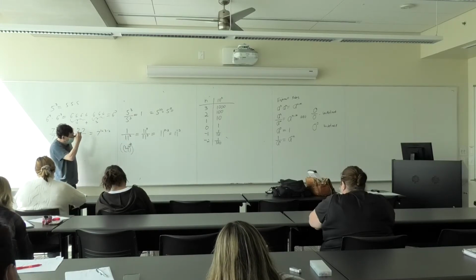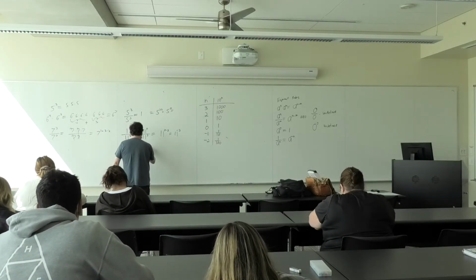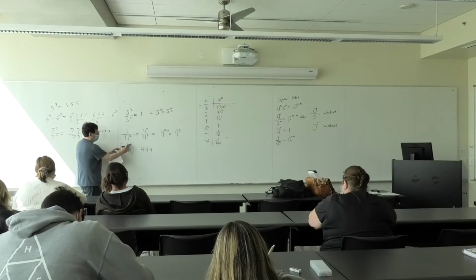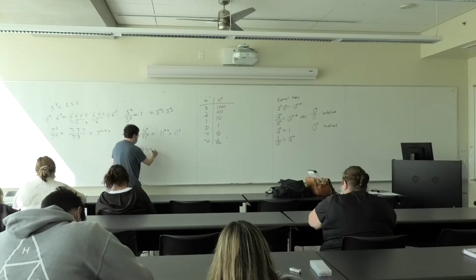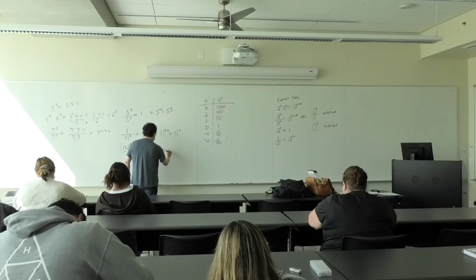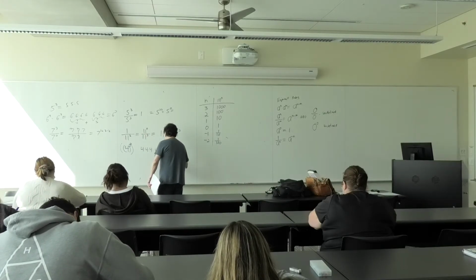All right, so let's think about this. 4 to the 3, that's 4 times 4 times 4. So I'm going to take 4 to the 3, and I'm going to square it. So I have to multiply it again. 4 times 4 times 4. And I end up with how many? 4 to the 6th.